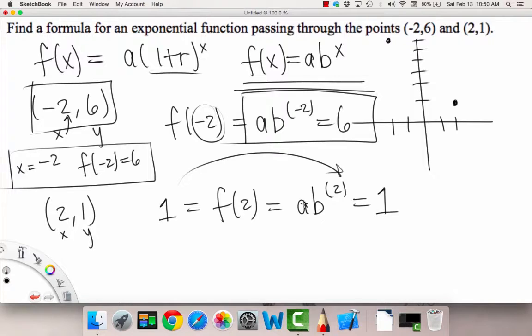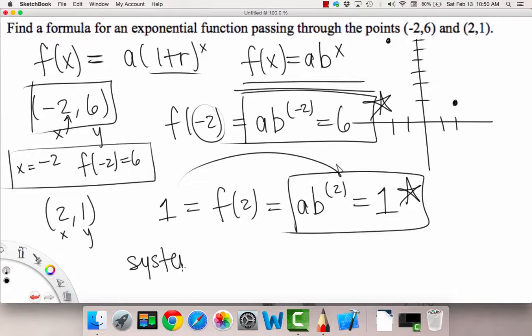Now we have this equation to work with, as well as this one there. When we have two equations with two unknowns, it's called a system of equations. You can actually have more variables and more equations, but in general, the name for this is a system of equations. So now we can solve for a and b, and I'll show you how on the next slide.